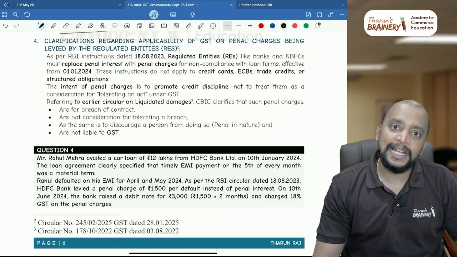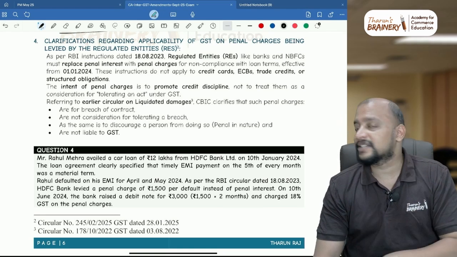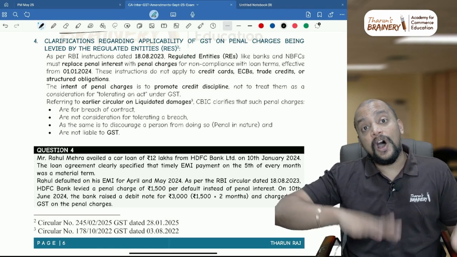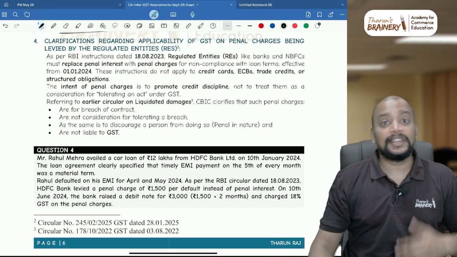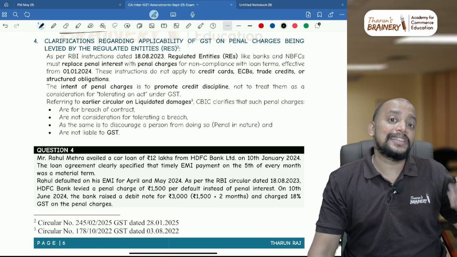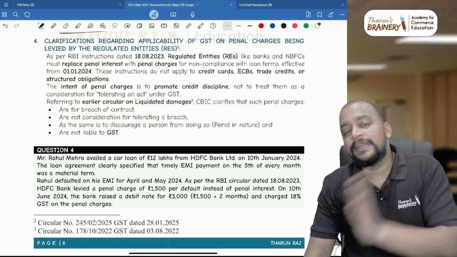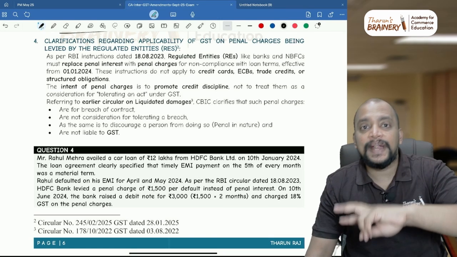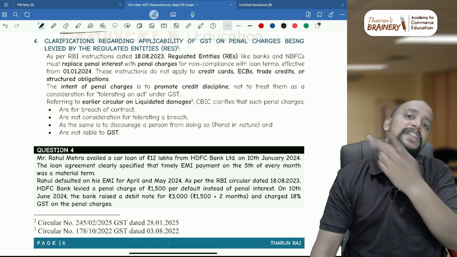Then it will not be treated as consideration. Consequently, it is not a supply. All others, other than compensatory in nature and penal in nature, will be treated as consideration, but the taxability is dependent on the taxability of its principal supply.